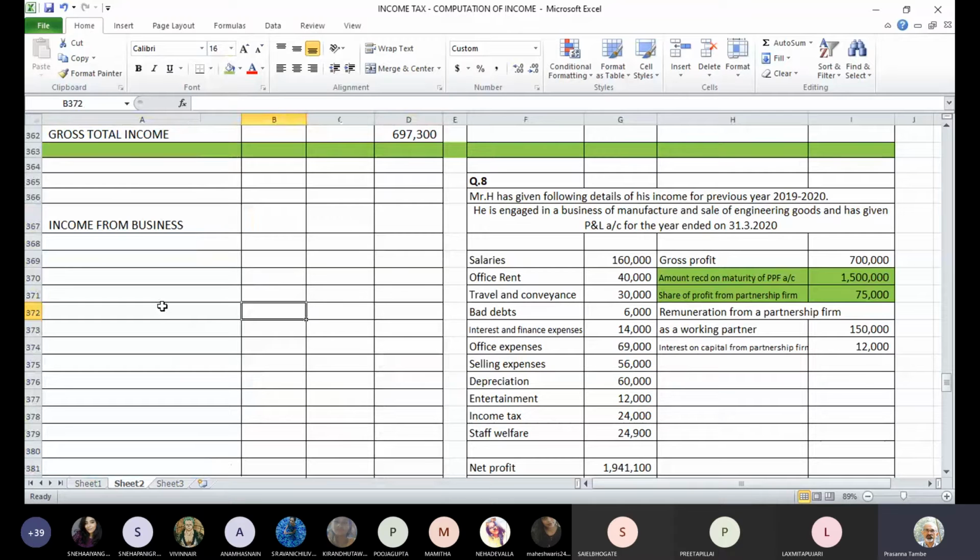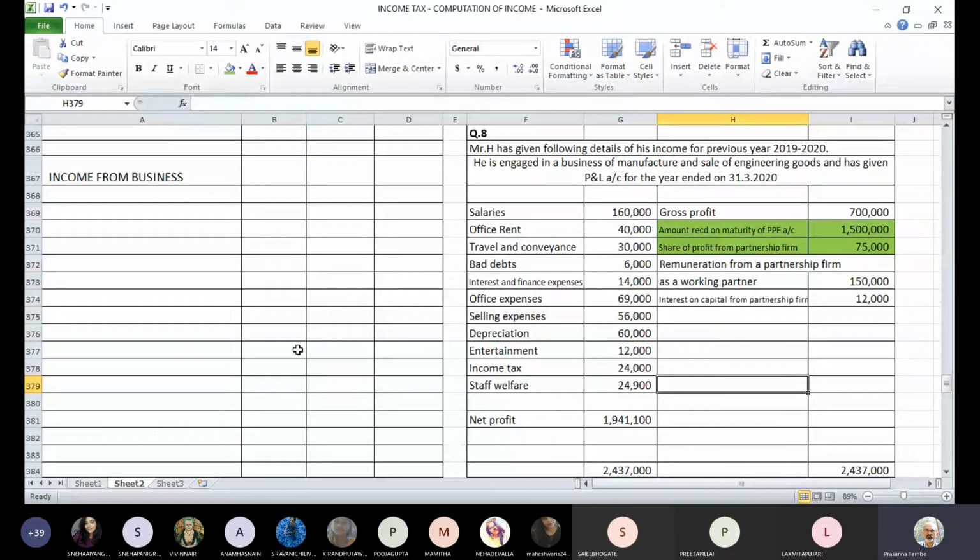Income from business. So as usual, our starting point will be net profit as per P&L account. Net profit is 19 lakhs 41,100.